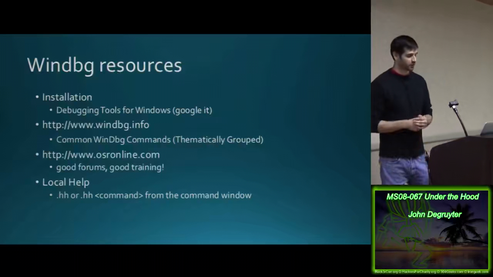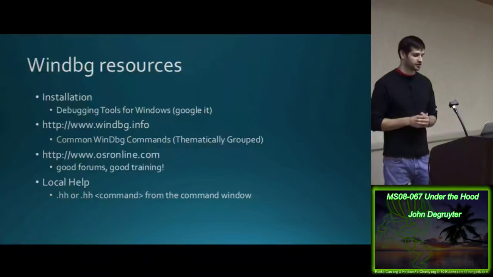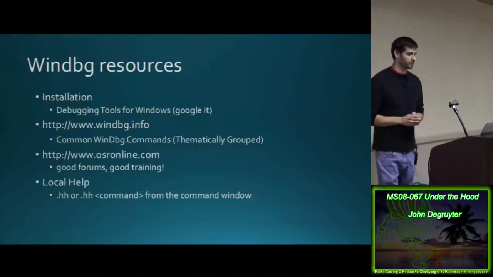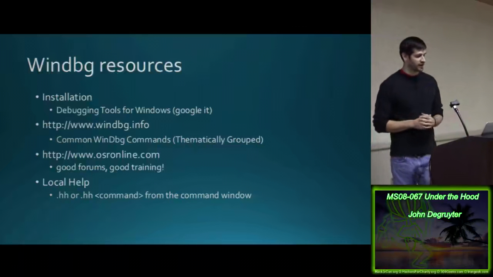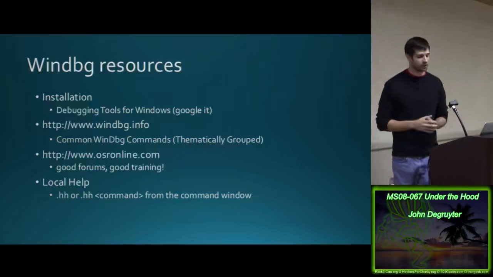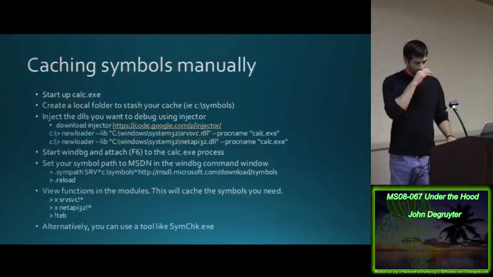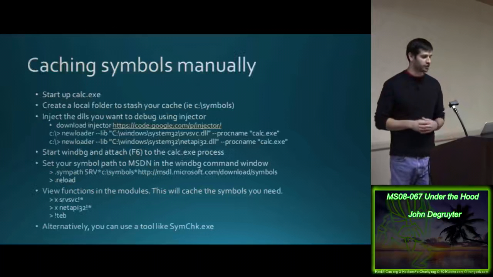I took the kernel debugging and crash analysis course. It was an excellent class. I highly recommend it. Or in WinDbg, just .hh, the command will give you help on a particular command. And these are just some instructions for caching the symbols locally before you start to debug.